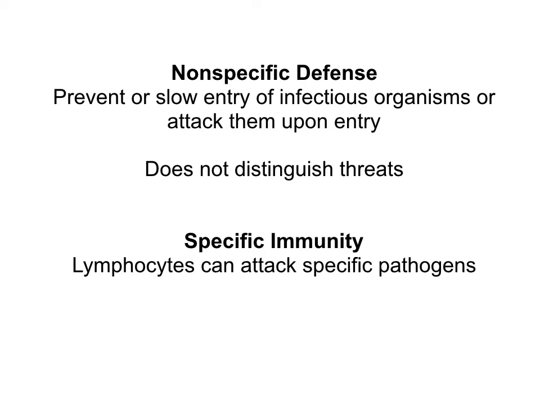So one type of lymphocyte might only attack one type of bacteria, while the next lymphocyte attacks another type of bacteria. So think of the lymphocytes as not multitasking. They're designed to attack and kill one thing and one thing only. So lymphocytes with this very specific ability to attack pathogens allow you to have the ability to resist specific infections and disease. So specific immunity is very important for your body's defense.